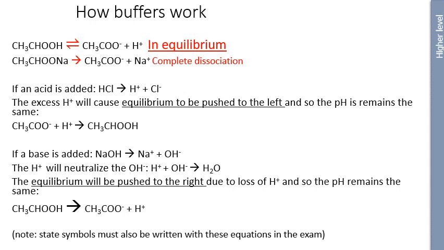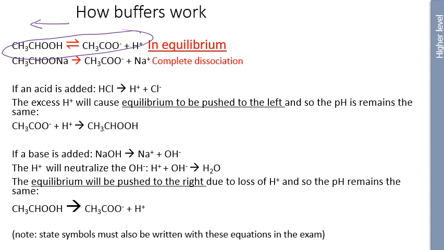So if an acid is added, for example hydrochloric acid, it will completely dissociate to form protons and chloride ions, and these excess protons will cause the equilibrium to be pushed to the left, and so the pH remains the same, because you're basically creating more of the weak acid in solution.